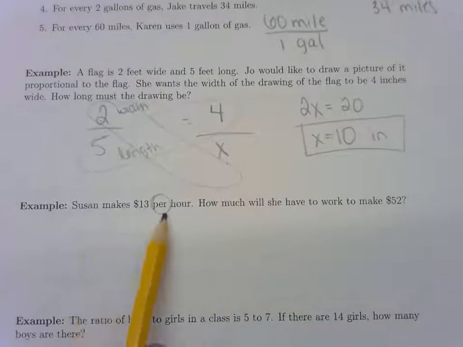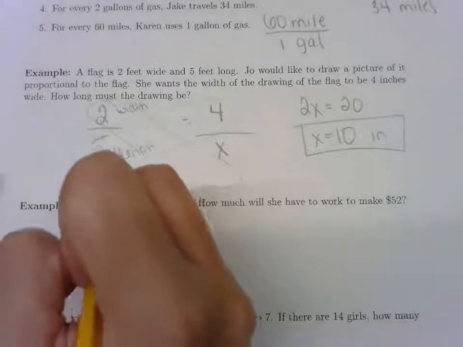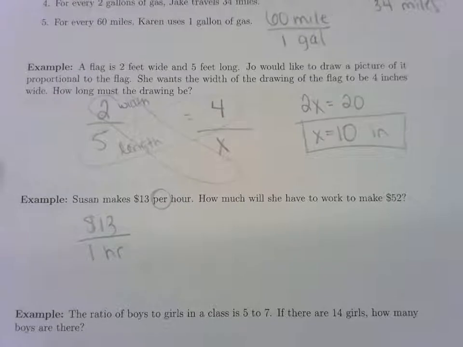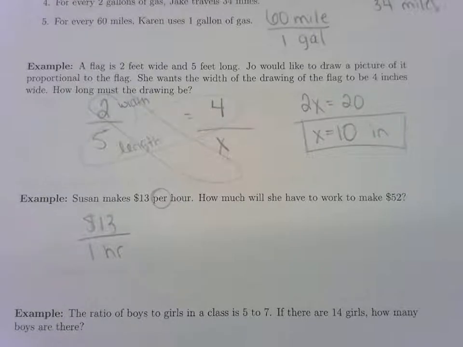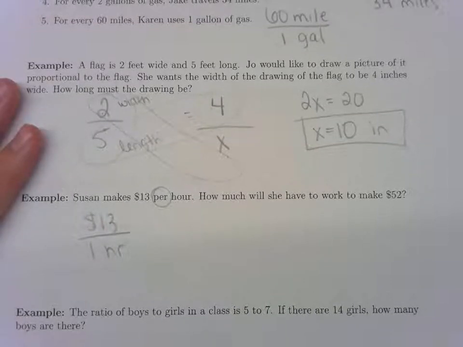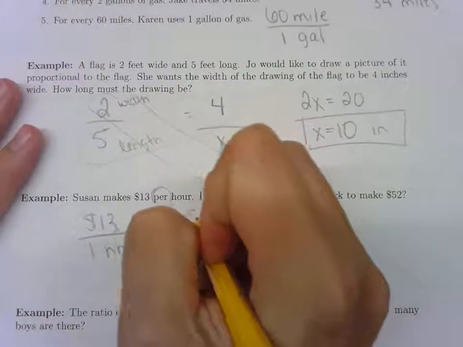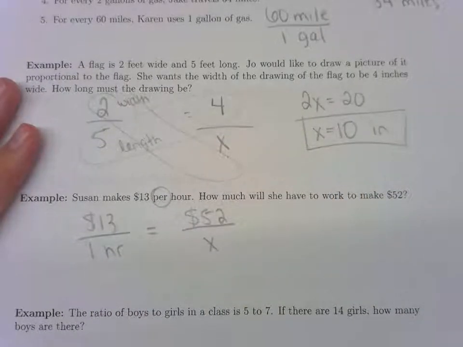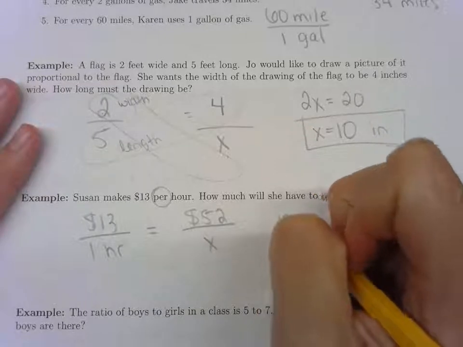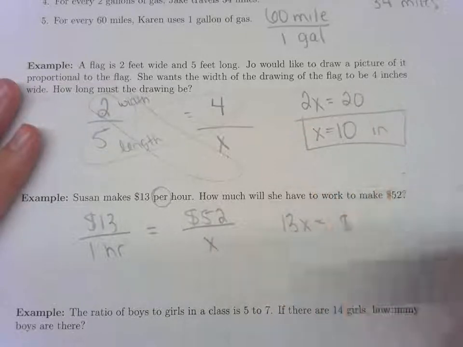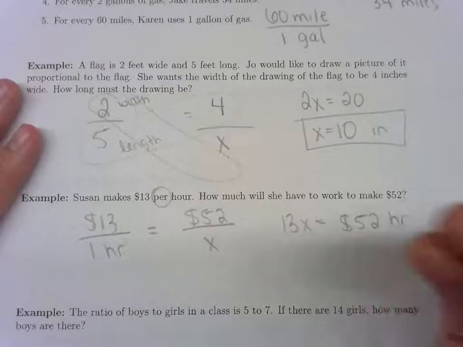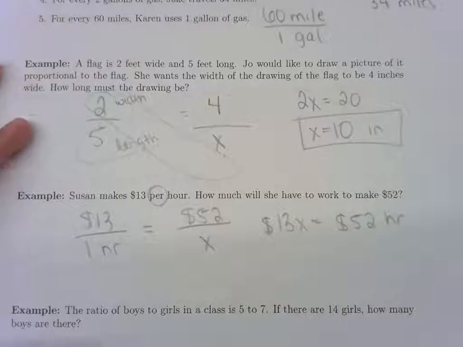So we want the numerator to be $52, and we want to know how much she's going to have to work. Again, cross multiply, that would be 13x equals $52, and then we have an hour here. This is also dollars. I'm keeping the units here.